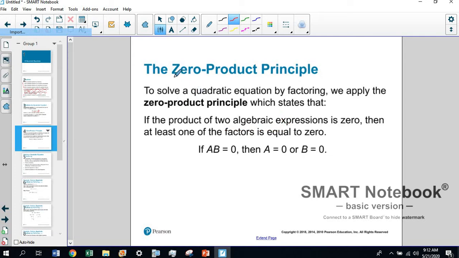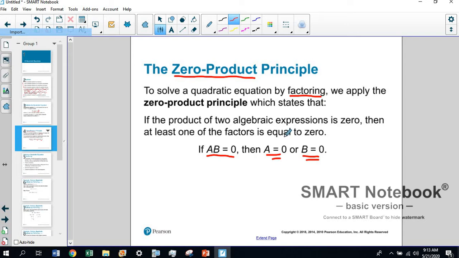So, the reason we set it equal to 0 is something called the zero product principle. We spent time in section P5 recalling, learning how to factor. And the principle of factoring is this, that if a times b is equal to 0, then a equals 0 or b equals 0.